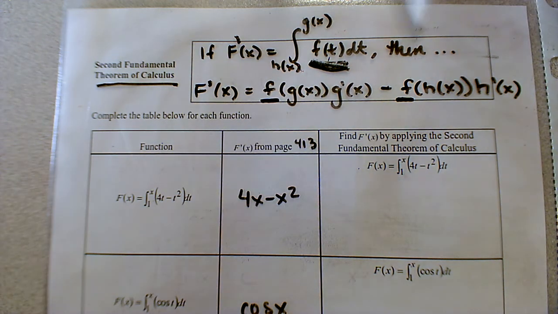So it's very similar to the first fundamental theorem of calculus, where we do that top minus bottom idea, but we do not have to work backwards. We're simply plugging in the top bound, but we do have to consider, again, the derivative of the top bound, and that's what we're going to multiply by. So this is only for taking the derivative of an integral. Okay, second fundamental theorem of calculus.